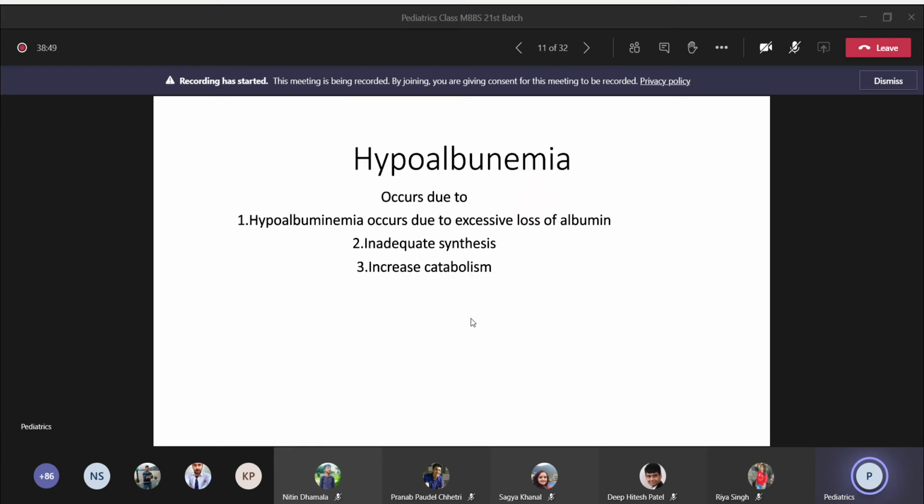Now come to the hypoalbuminemia. I have already told that hypoalbuminemia occurs due to excess loss of albumin and inadequate synthesis, and there may be increased catabolism. That's why after massive proteinuria, the patient develops hypoalbuminemia.